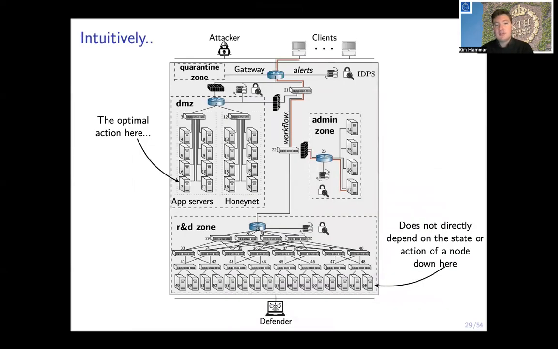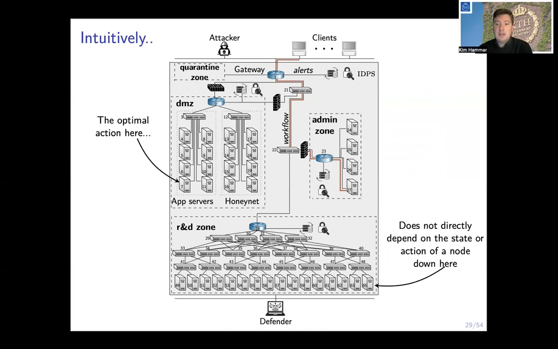Before I dive into the theory, let me give you the main intuition: the high computational complexity of the game stems from the interconnectivity among all of the nodes. That is what causes this combinatorial explosion and the very high dimensionality of the game.